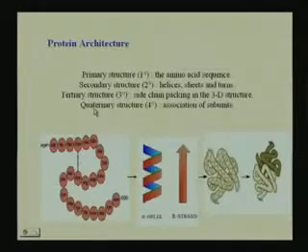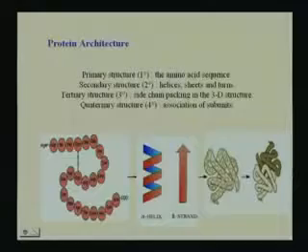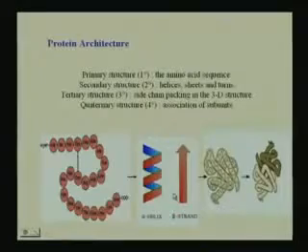You only have a quaternary structure if you are not monomeric in nature. If the protein is monomeric, there is just the primary, secondary and the tertiary. But if there are a number of subunits that have to link together, then you have what is called a quaternary structure.